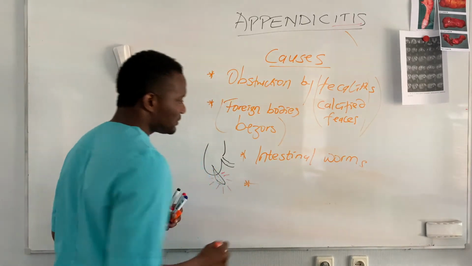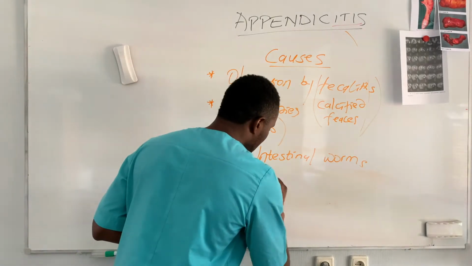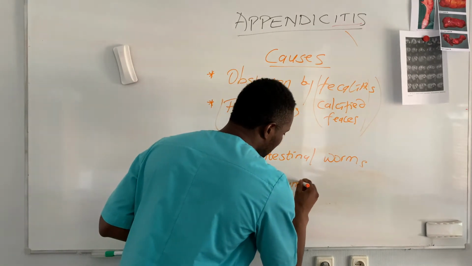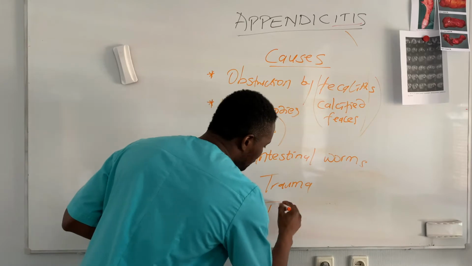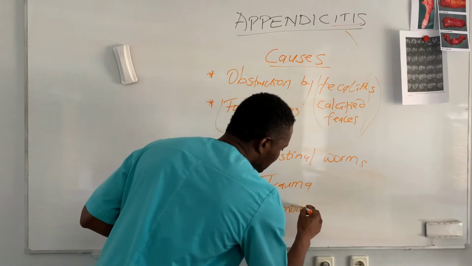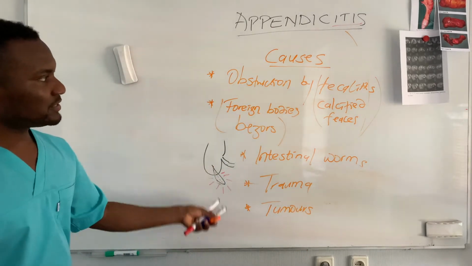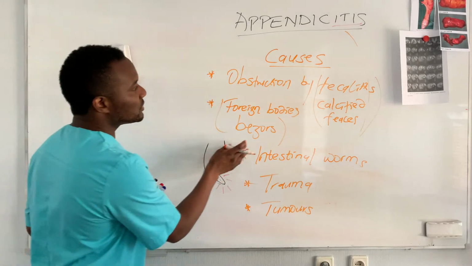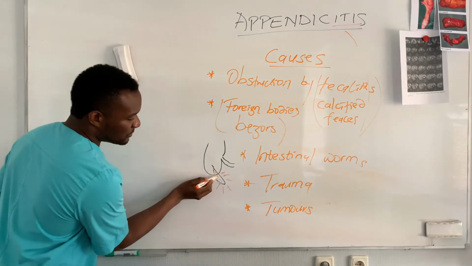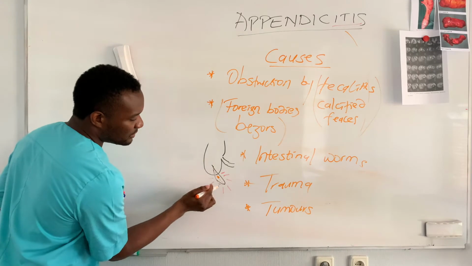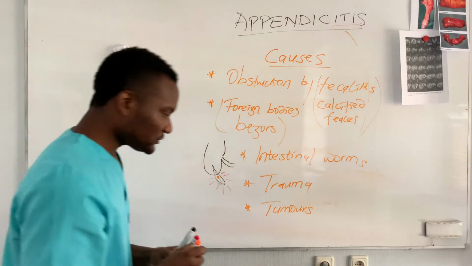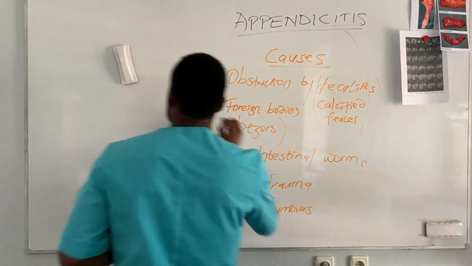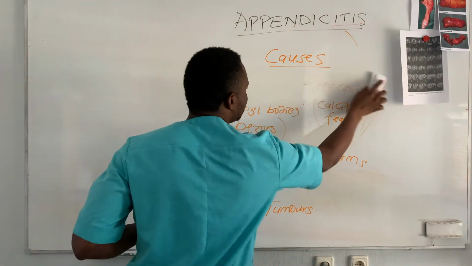Also, we can have trauma. And last but not least, tumors. So all these can lead to what? They can lead to the obstruction and consequent inflammation of the appendix. Having said that, we have to progress.